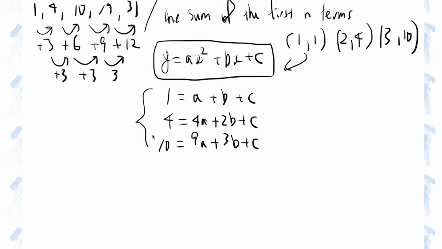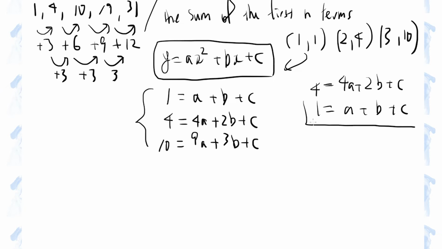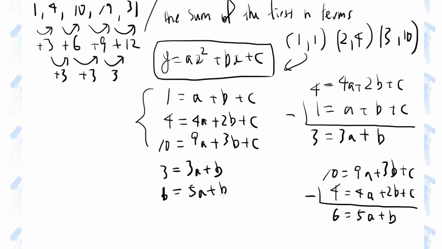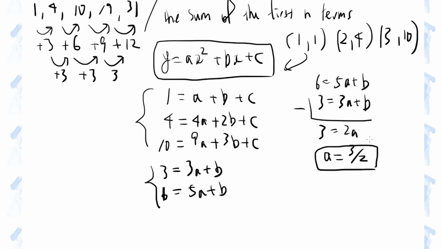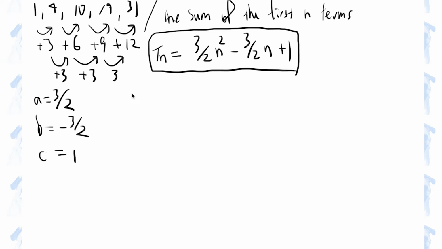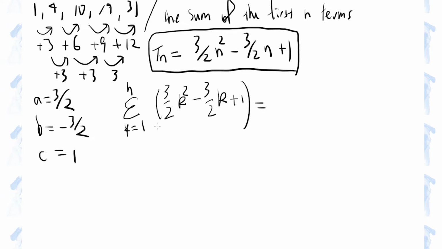And we have to solve these 3 equations simultaneously. So now we have the equation for finding the nth term of this sequence. So what is the sum of the first n terms? The sigma can be distributed.